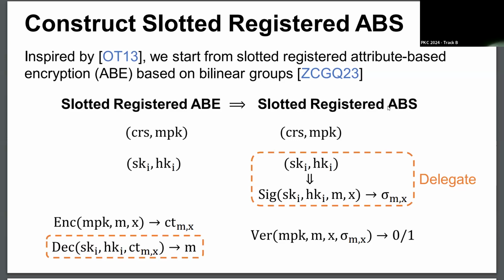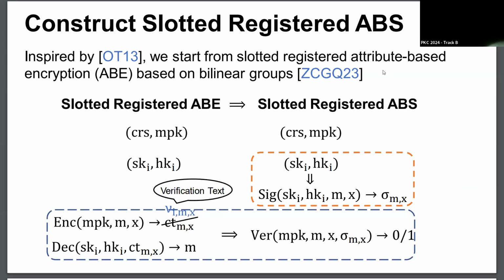In ABS, the secret key and help key should be used to delegate a signature, but in ABE they are just directly used for decryption. So for verification, we decide to treat the ciphertext in ABE as a verification text in ABS. It can be generated from MPK, message and policy.